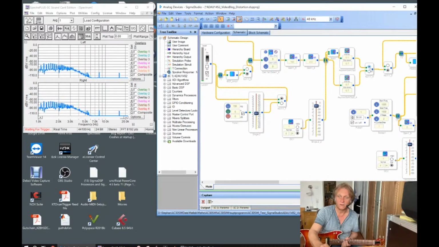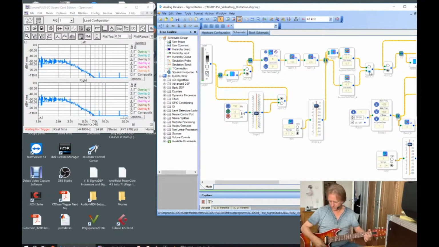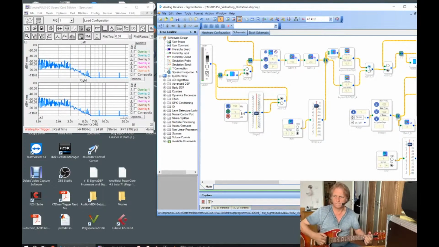Right now, you heard it? Yeah. Okay, let's level down the guitar. Asymmetrical.